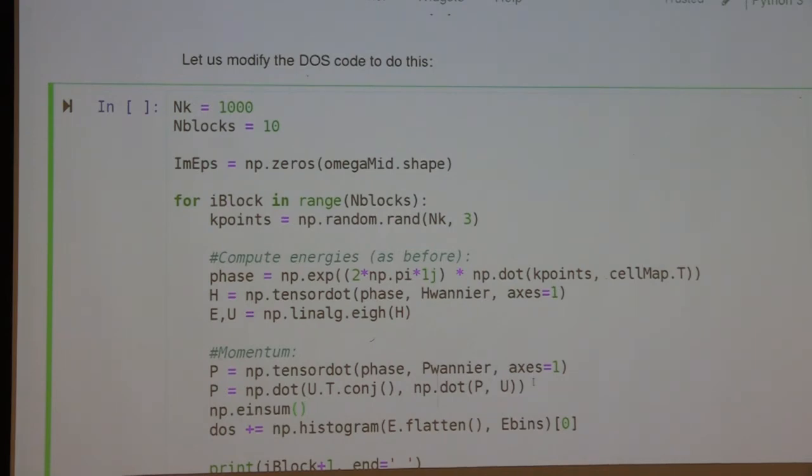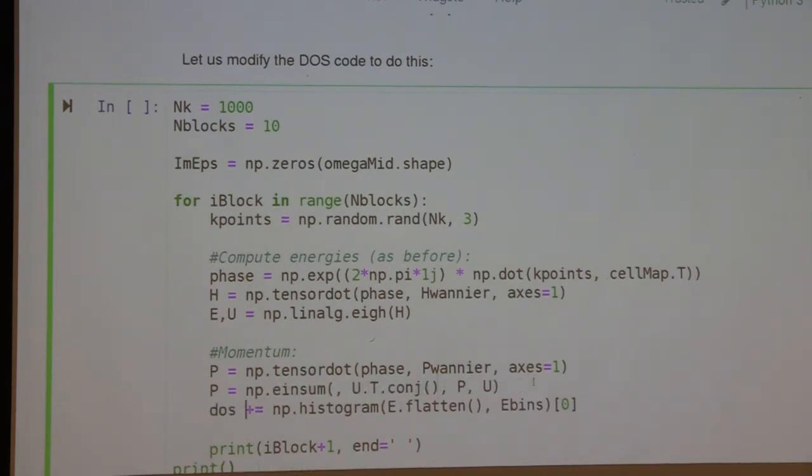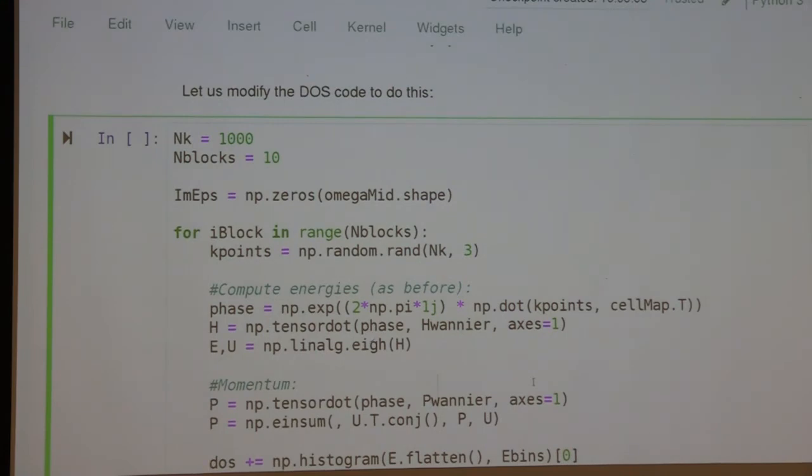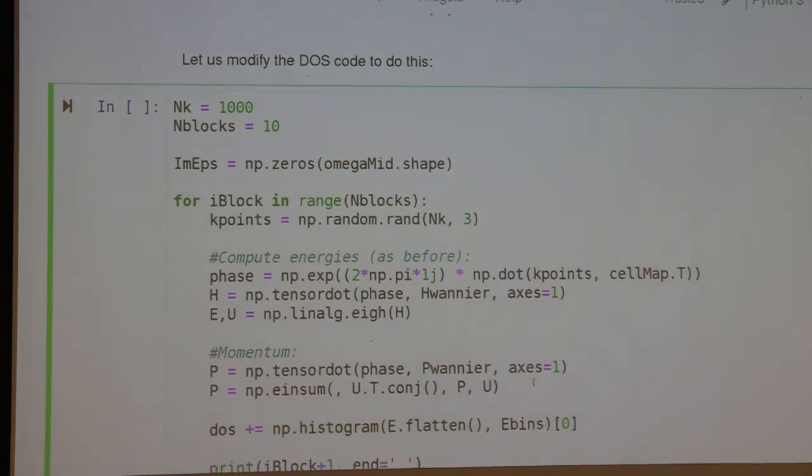So this is what we're going to use. I'm going to write this pseudocode that I've written here using this once again. So let me first copy this. The things that I want to multiply together are effectively U dagger, P, and U. By the way, how many of you are familiar with Einstein summation convention?